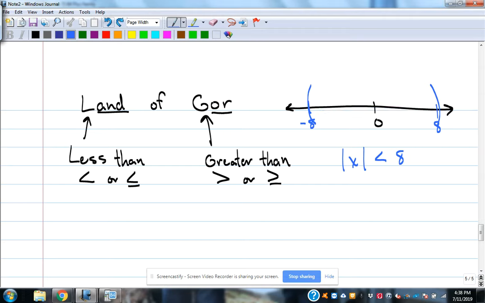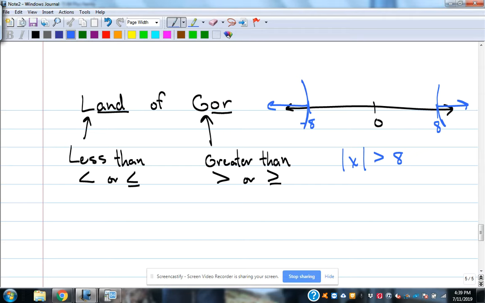The or on the greater than, if we were talking about that, let's just make that greater than 8. Well, if the distance away from 0 is bigger than 8, then it's going to be out here, right? It's going to be out here past 8. It's going to be out here past -8. And in inequality world, if you're moving outside, you're an OR problem.